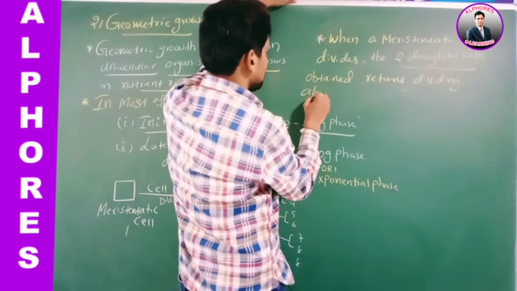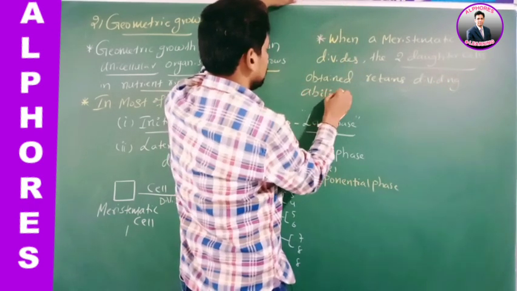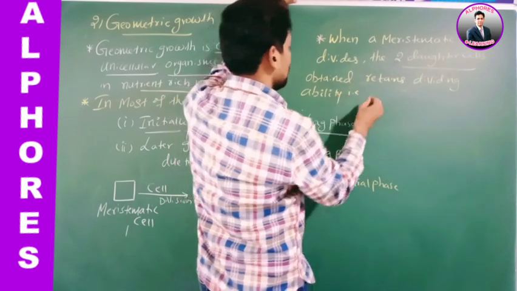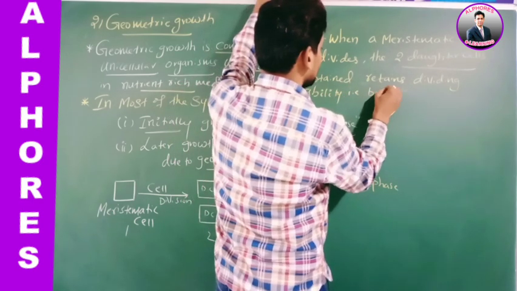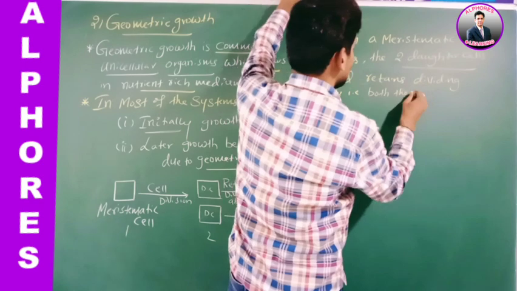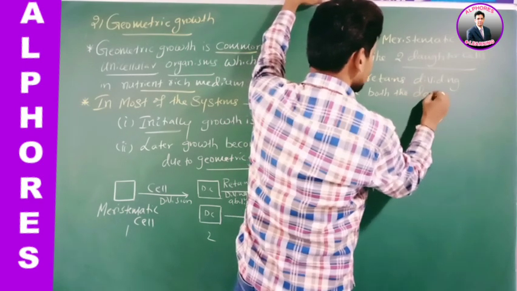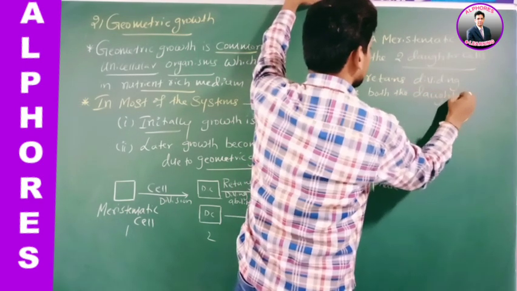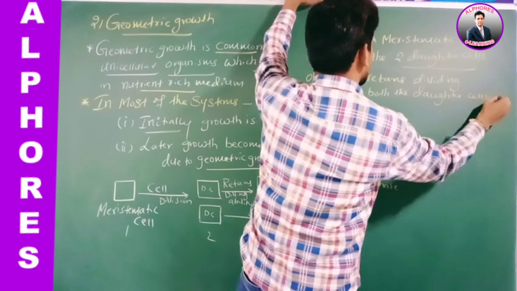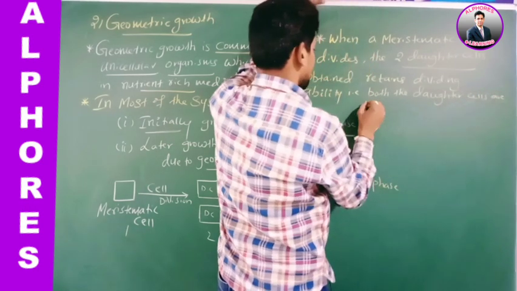That is, both the daughter cells are meristematic.